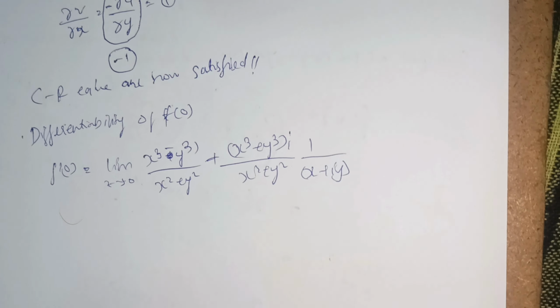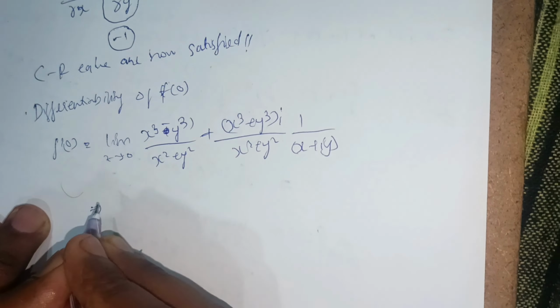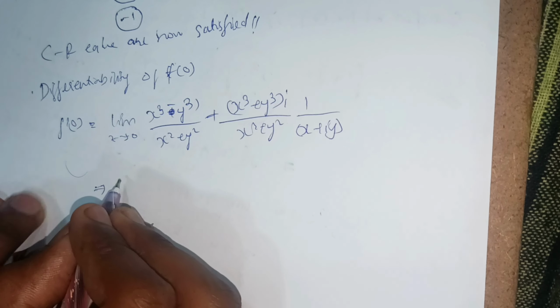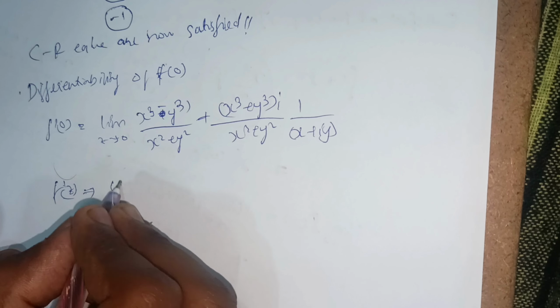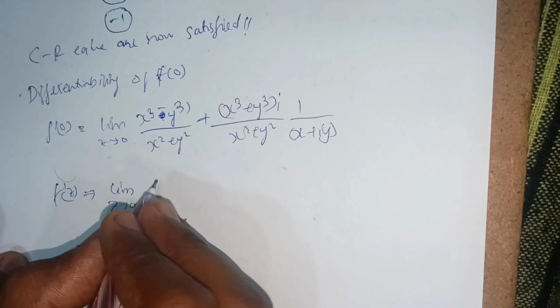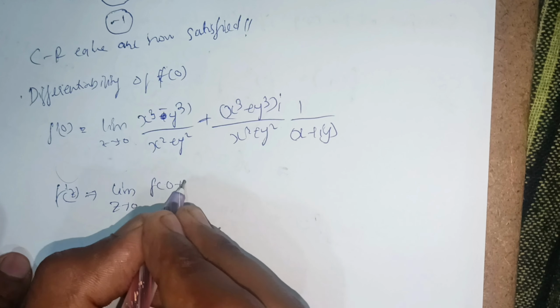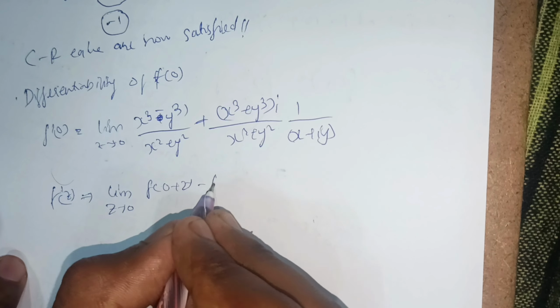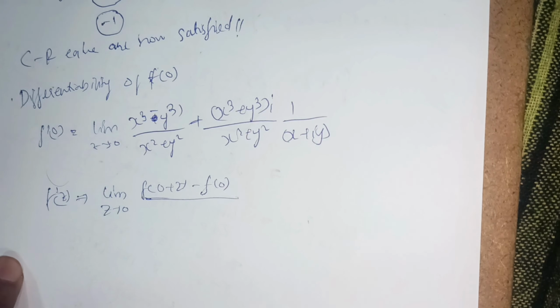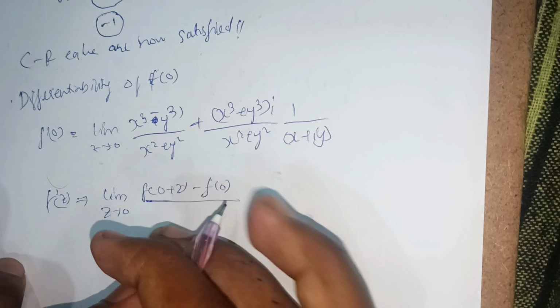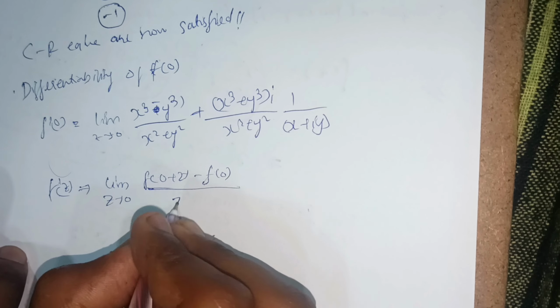How did I get this? Let's look at this. f'(z) is what? Limit z tends to 0 of (f(0 + z) − f(0))/z.